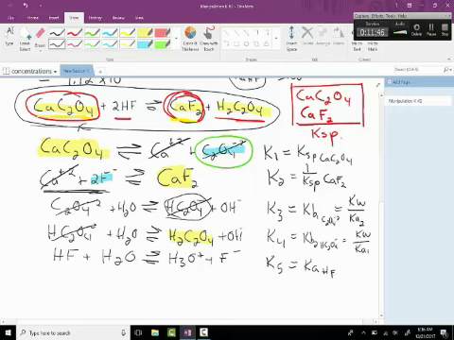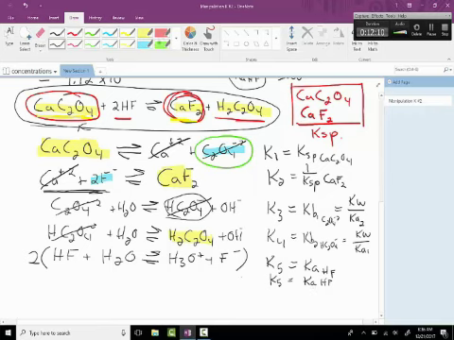And I'm going to do this twice, times 2. That's the same as writing the reaction again. So for both of them, K5 again is Ka of HF. I have that reaction twice, so that's why I wrote the Ka over here. You could think about it and just square it.